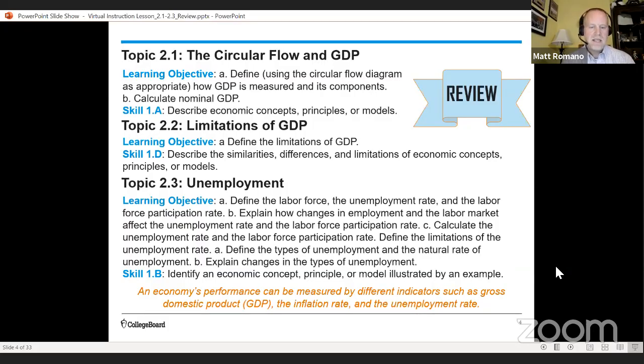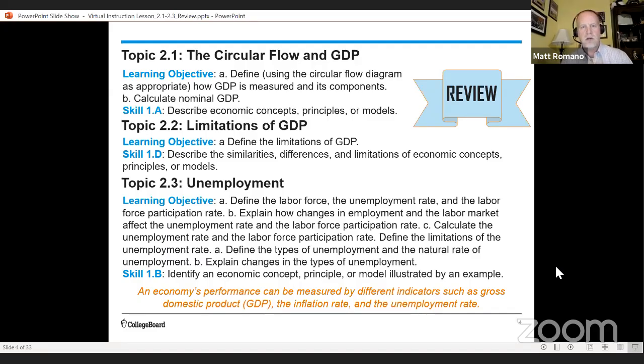We look at the indicators that tell us something about economic activity. None of these indicators are perfect. What's important is that we understand what they represent. And there's a tendency to rush into calculating because sometimes we get intimidated by calculations and we're worried about, can I do the numbers, especially on a test? And we want to be careful not to do that.